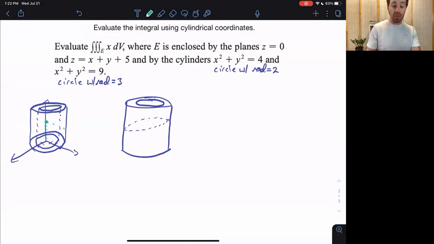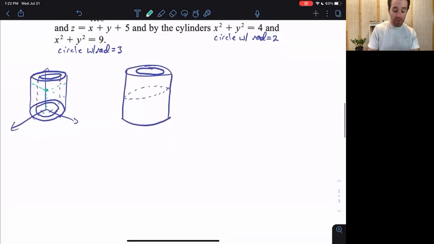As y gets more positive, it'll be more positive. So it's going to slope like this sort of way. But it's so hard to draw this and difficult to conceptualize too. It's much easier to simply write the bounds for the domain of integration.